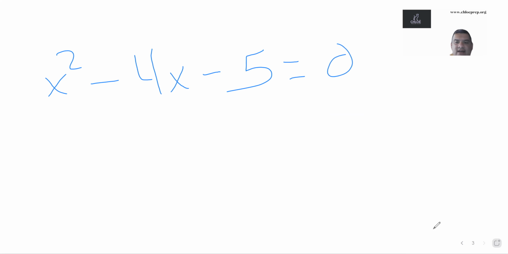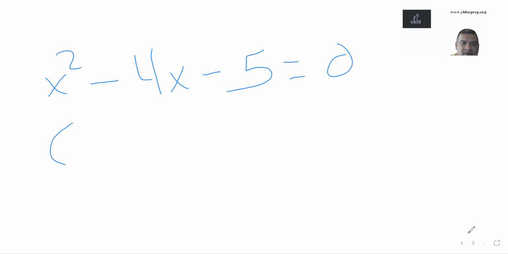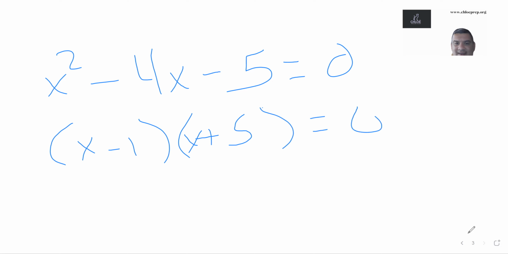So it all comes back. I do want my parentheses that I was working on. So it's going to be x plus 1, x minus 5 is what we factored it out to. X minus 1, x plus 5, all that detour. But I'm glad it happened. Kind of.